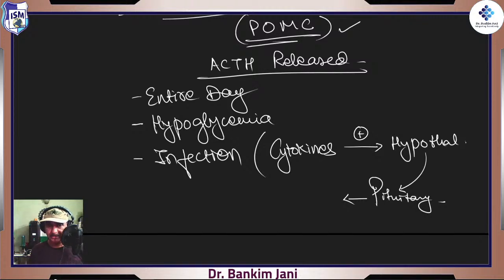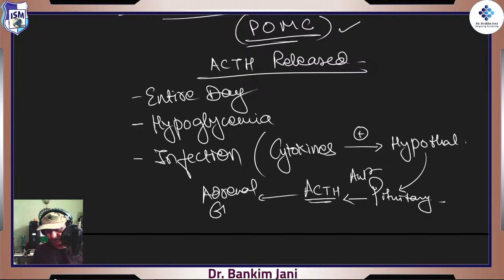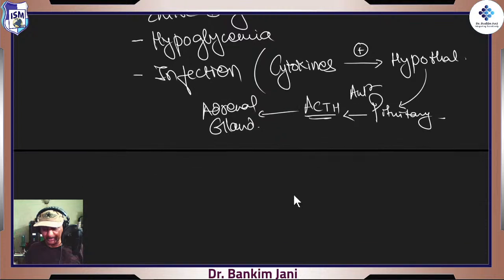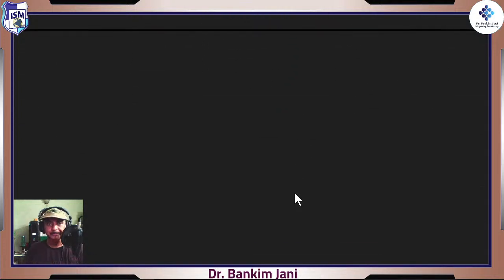This is ACTH, adeno, so it has to be anterior. So the anterior pituitary releases ACTH, and then it goes to the adrenal gland. And when we see the adrenal gland, it has so many functions against this entire process, right? So that's how everyone goes and informs the hypothalamus that we are in need, and it releases accordingly.